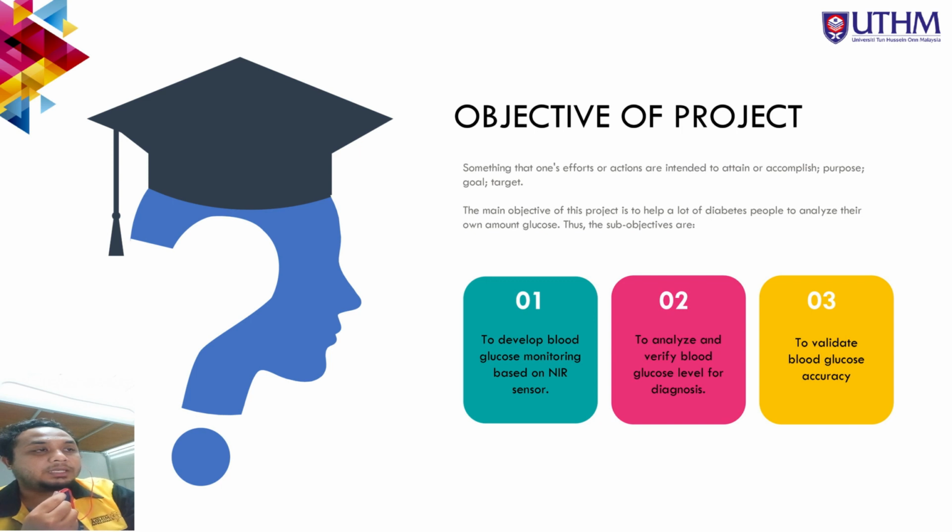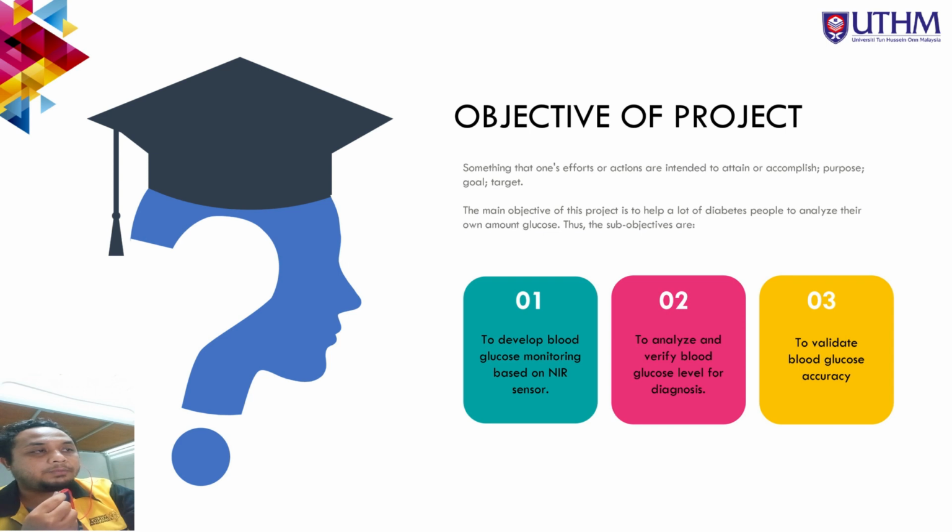So these are the objectives of the project. First is to develop blood glucose monitoring based on an NIR sensor. For the NIR sensor, I use an IR module series sensor, which has a very good wavelength and is suitable for my project.